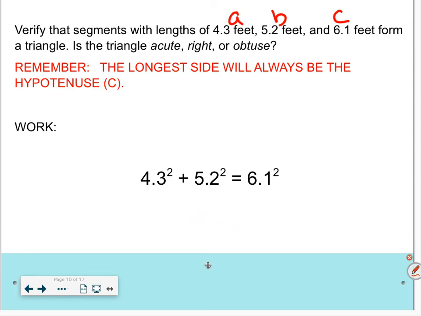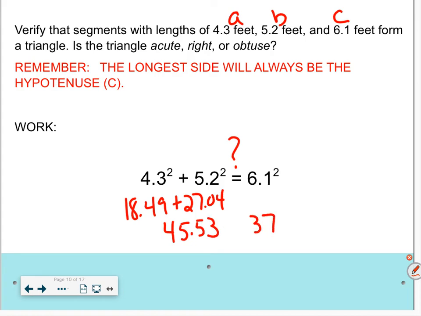And I'm actually going to put a question mark over the equal sign, because when you work this out, and yes, calculators are helpful, please don't try to do this by hand, it'll take you forever. I get 18.49 plus 27.04, and that gives me 45.53. And 6.1 squared is 37.21. So here we see that c squared is actually less than a squared plus b squared, which tells me it must be an acute triangle.